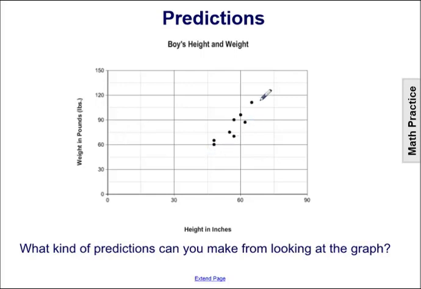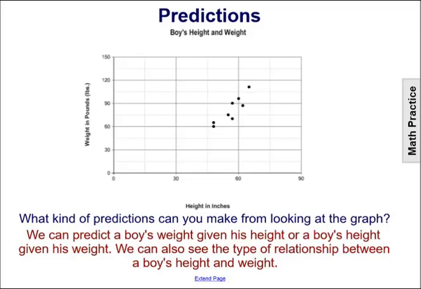Think about the association and behavior of the scatter plot points that you do see, and what you can predict about the future data points or the future behavior of a boy's height and weight. Well, looking here, we can predict a boy's weight given his height, or a boy's height given his weight. If we have one variable, we can predict the other. We can also see the type of relationship that a boy's height and weight has by looking at the behavior of the scatter plot.